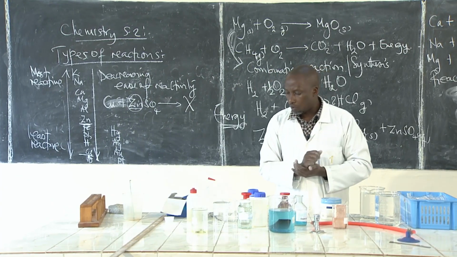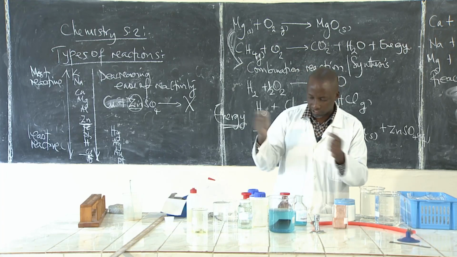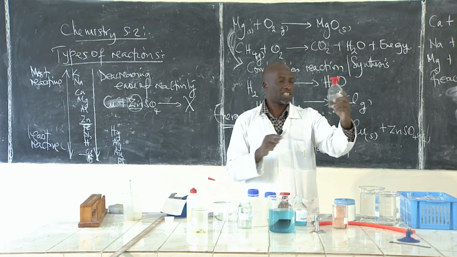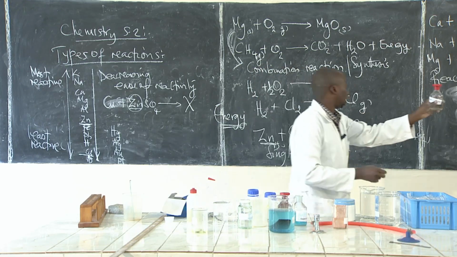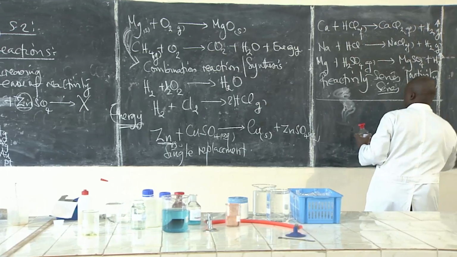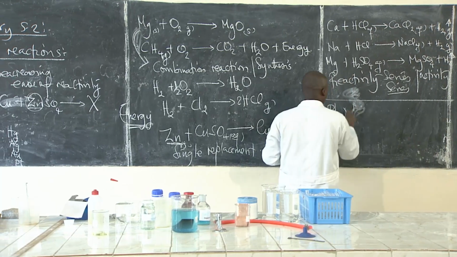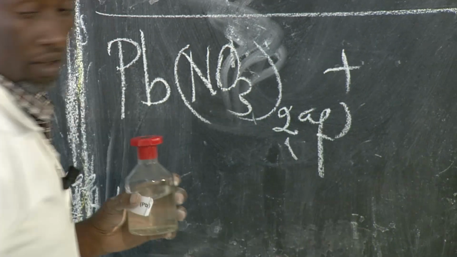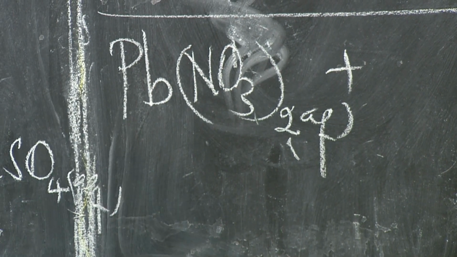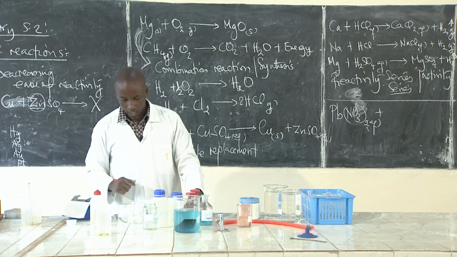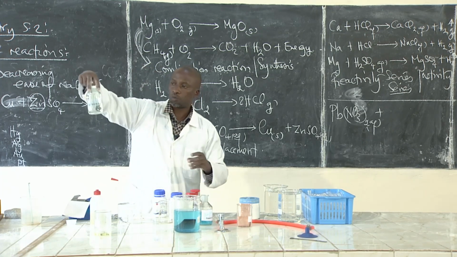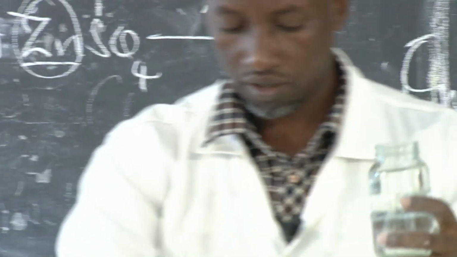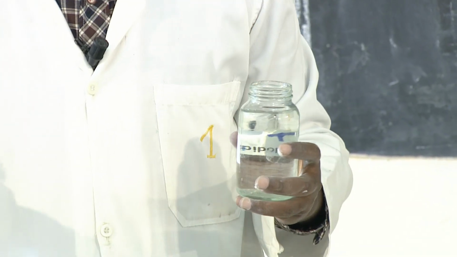Let me also do some other simple experiment. You'll predict what is happening. So this is lead 2 nitrate, which contains lead ions. It is a solution. And I'm just going to combine it with potassium iodide solution.